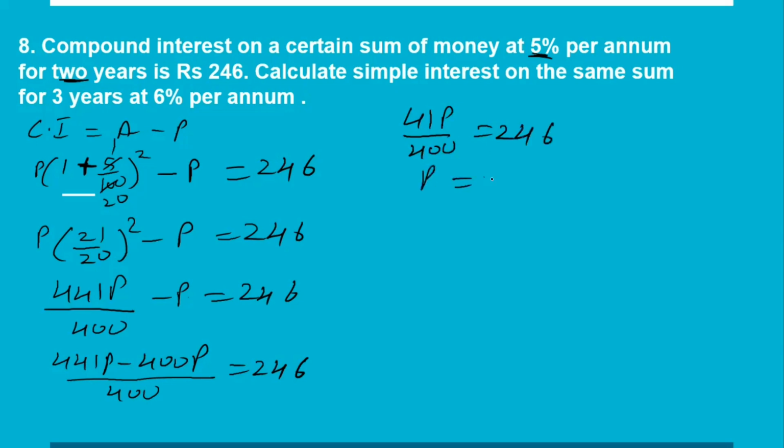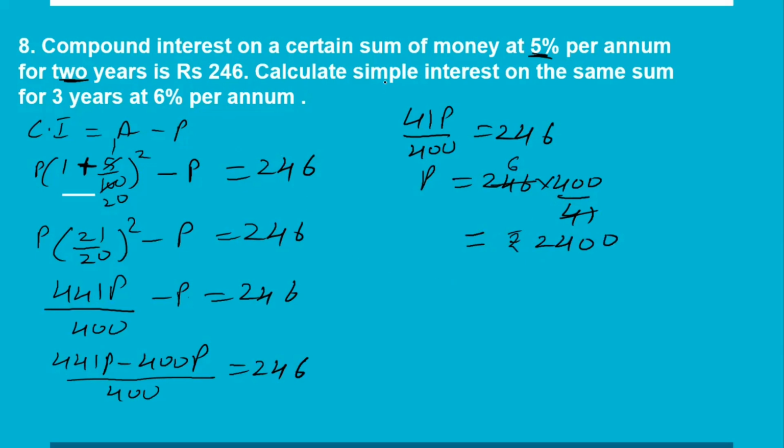So you get P is equal to 246 into 400 upon 41. On simplifying this, when you divide by 41, you get 6, and 6 4s are 24. You get this as rupees 2,400. This is the principal.